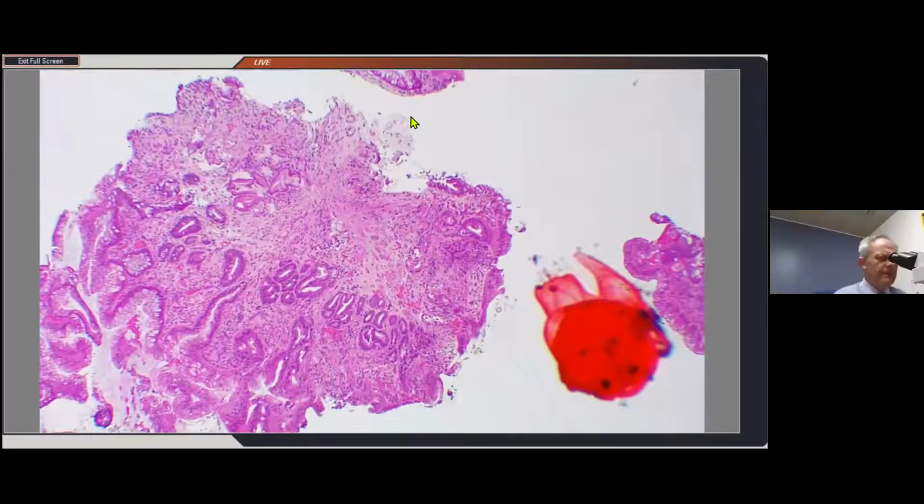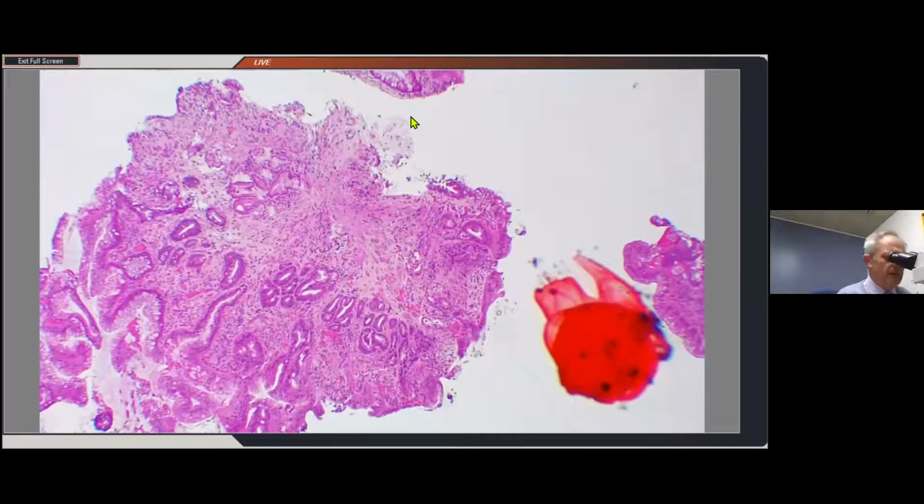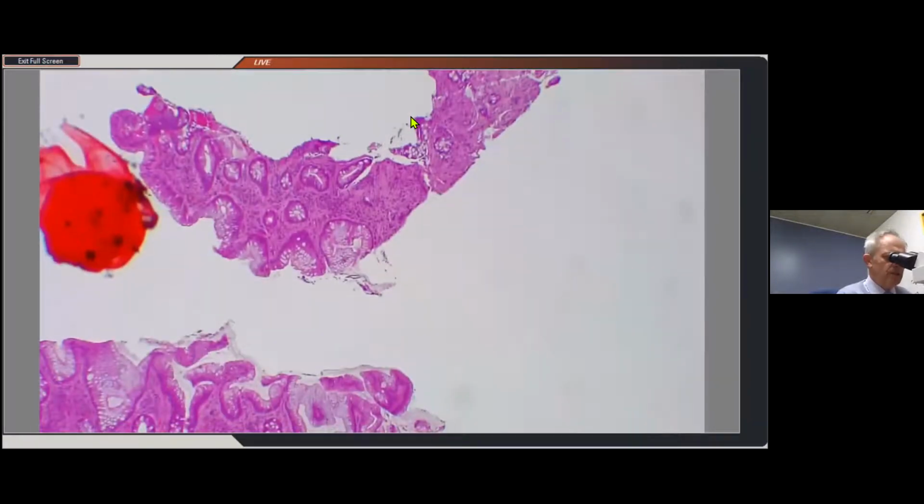So what we've got here are multiple portions of mucosa derived from the lower esophagus, and as you've heard Barbara say, the endoscopic diagnosis was that of Barrett's esophagus.